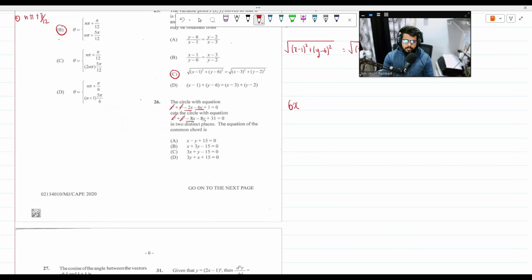I'll get minus 6y plus 8y, which is plus 2y. I'm going to get 1 take away 31, which is minus 30, equal to 0. I'll divide everything by 2. 3x plus y minus 15 is equal to 0. The answer is C.